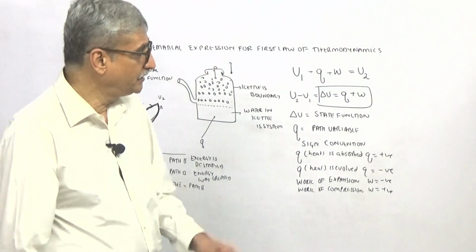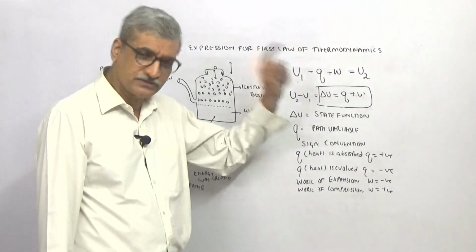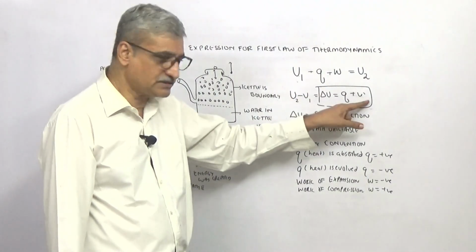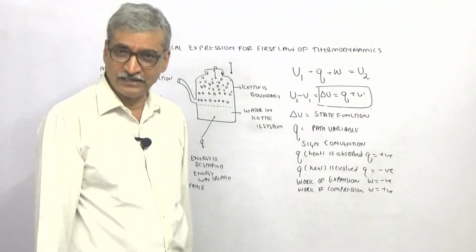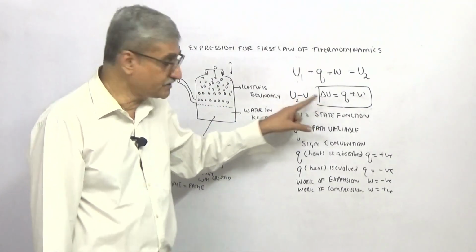So they will say delta U state function, Q state function, W state function, and make four alternatives like that. So you should remember, in the mathematical expression of the first law of thermodynamics, the internal energy change is a state function. I explained to you why.